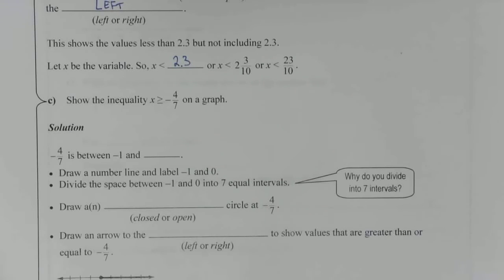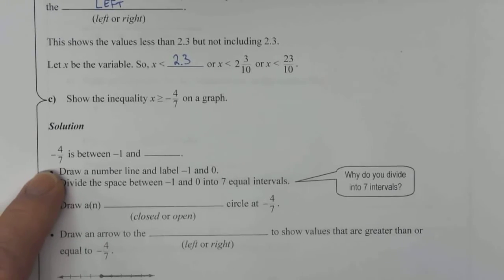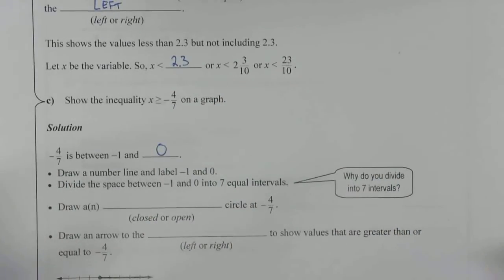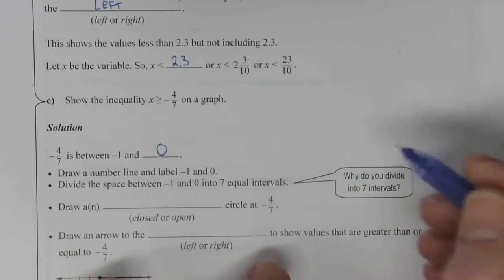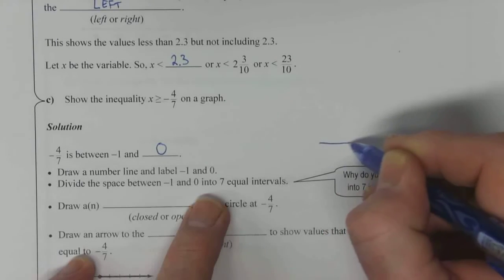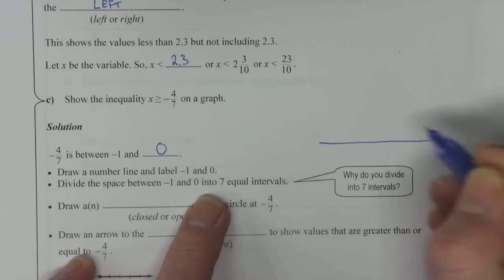x is greater than or equal to negative 4/7 on a graph. So negative 4/7 is between negative 1 and 0. So draw a number line and label it negative 1 and 0 at the very least.